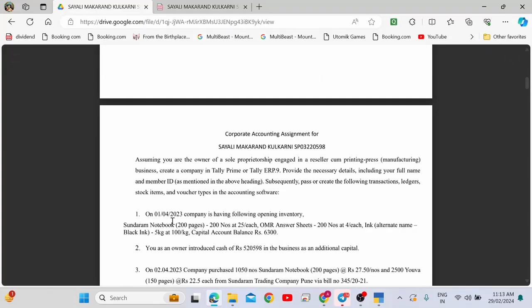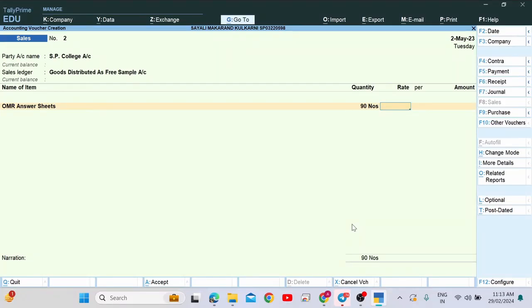In the first question itself you will get the opening balance of OMR sheets, 200 numbers at 4 each. That means in the tally we have OMR sheets at 4 each. Or otherwise you can skip these details and check the inventory report, inventory summary. In that you will get 4 rupees.